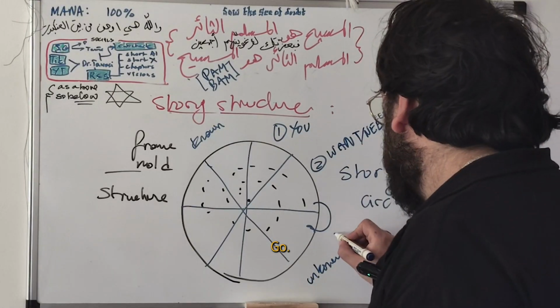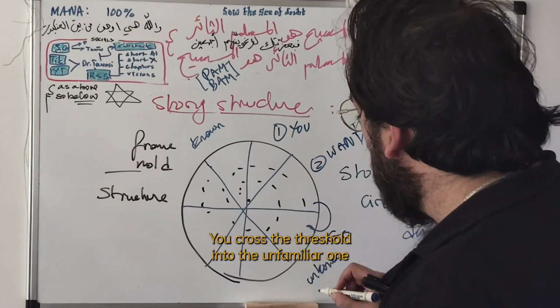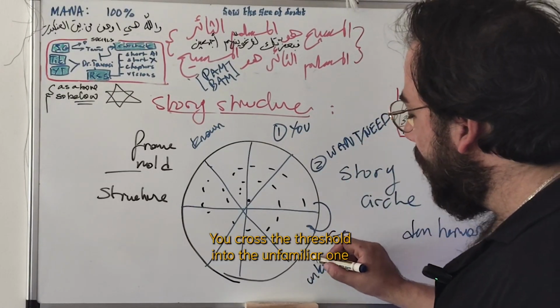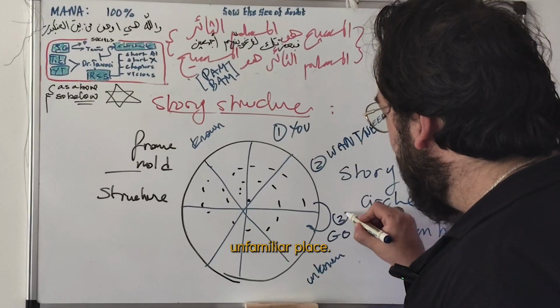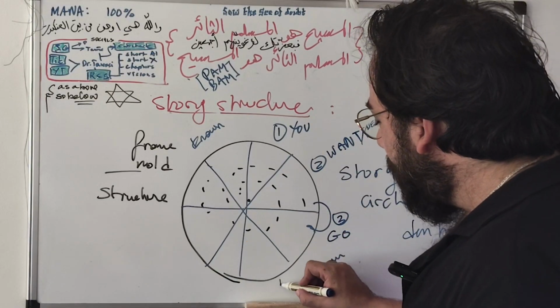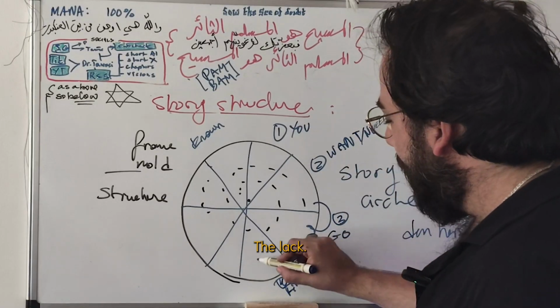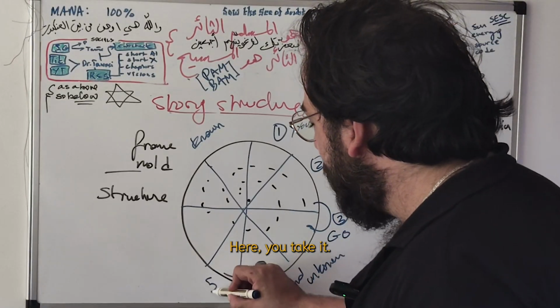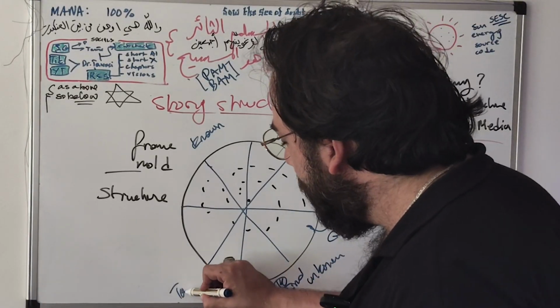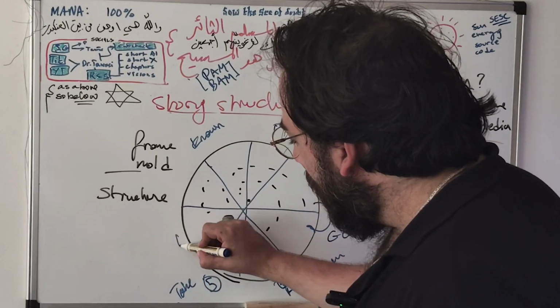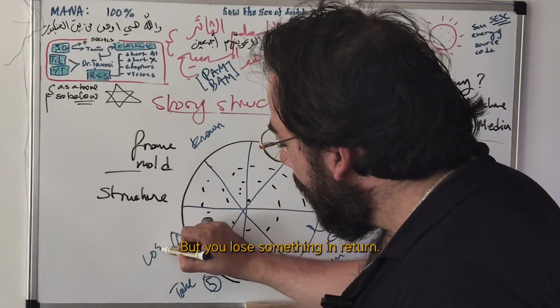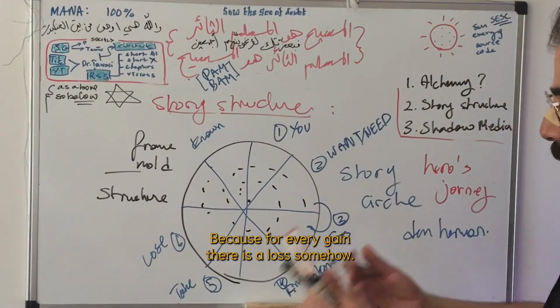So you go, you cross the threshold into the unfamiliar place. You find what you're looking for, the lack here. You take it, but you lose something in return, because for every gain there is a loss somehow.